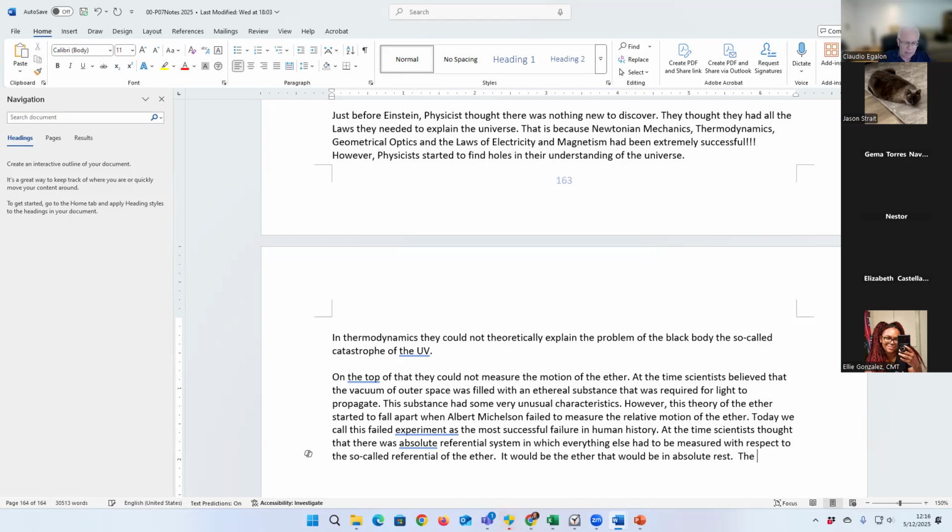The theory of the ether was necessary because scientists thought incorrectly that all types of waves required a medium of propagation.